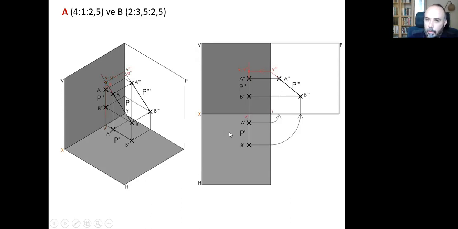This is how we do it, and we can locate the inclination angle here as being projected over this surface.